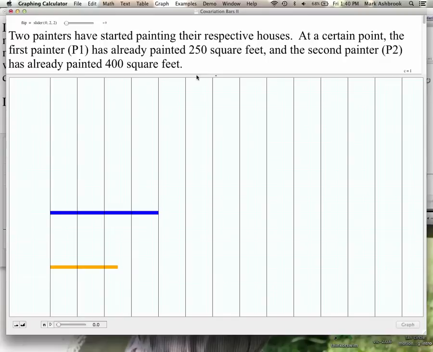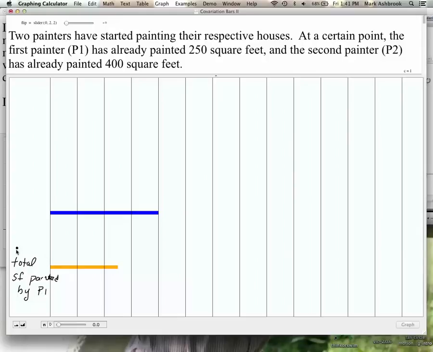What does the bottom bar represent? It's not a person. So it's not painter 1. So total square feet painted by P1.